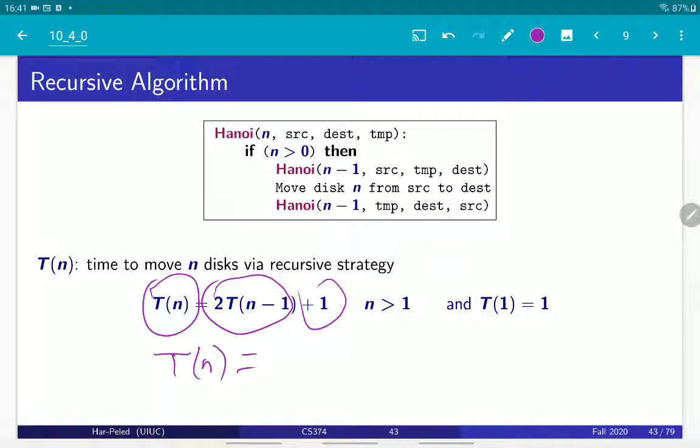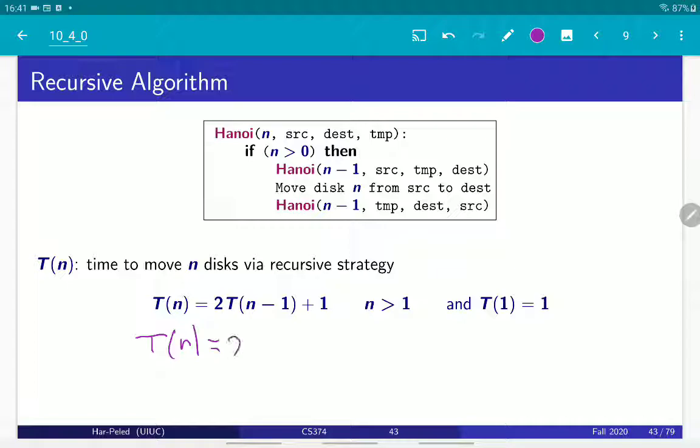So there are 2 ways to do it. One of them is to just guess the solution and then verify. So I'm going to guess that this is 2 to the n minus 1. Why did I guess this? Well, because it just works out. So let's verify that this is indeed the solution.